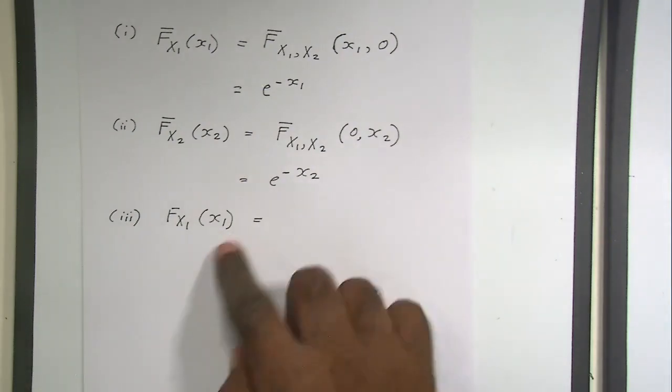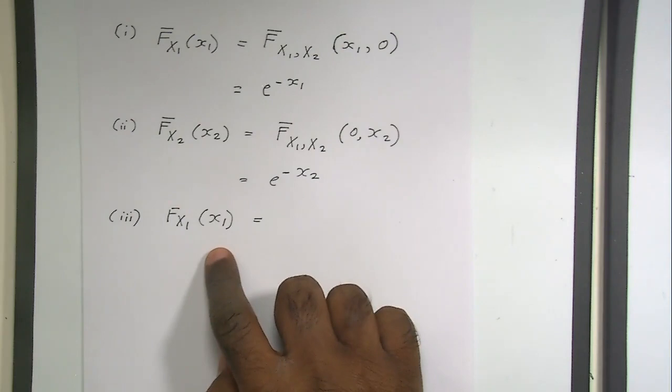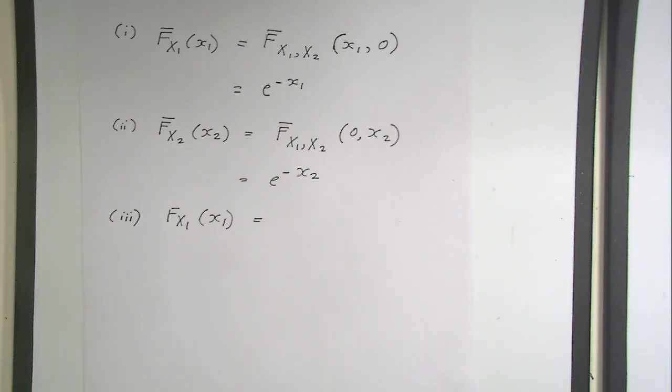Okay, can somebody tell me what's the CDF of x1? What will it be? Come on, guys. What's the CDF of x1? What's the relationship between the marginal CDF and the marginal survival function?